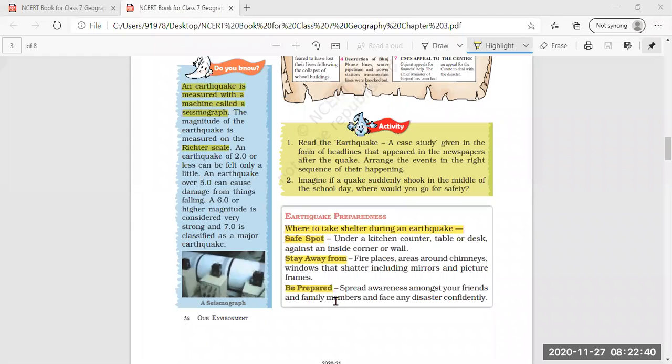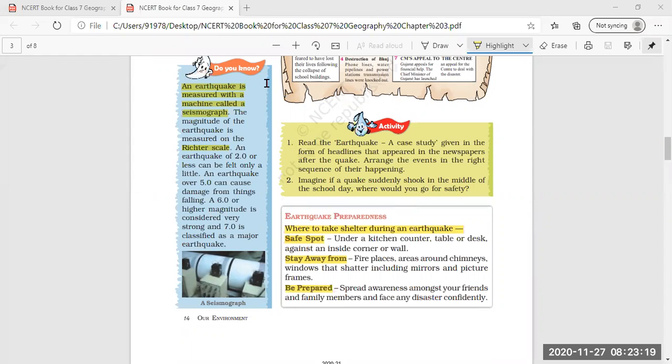In this way, you can spread awareness, and this will help them a lot to face the disaster confidently, and you yourself will be confident enough to face any natural disaster, not only an earthquake but also a flood or the like. Am I clear till here?